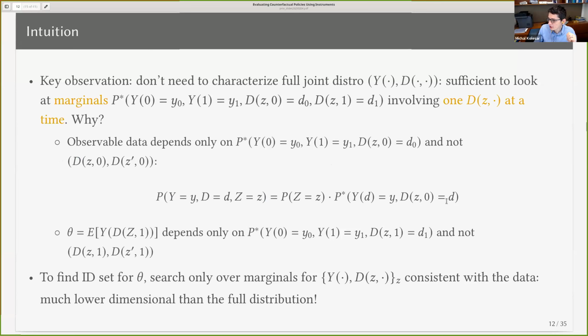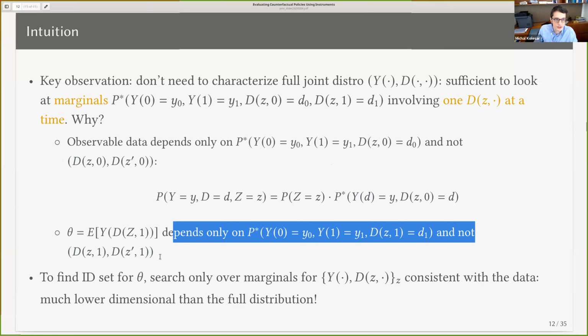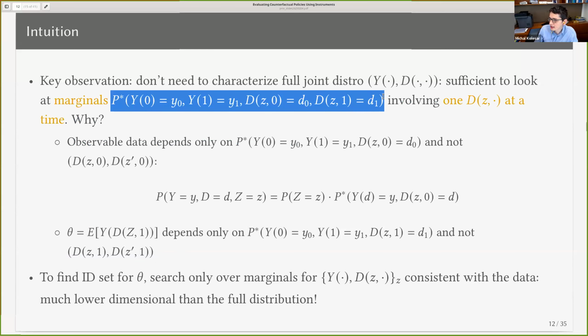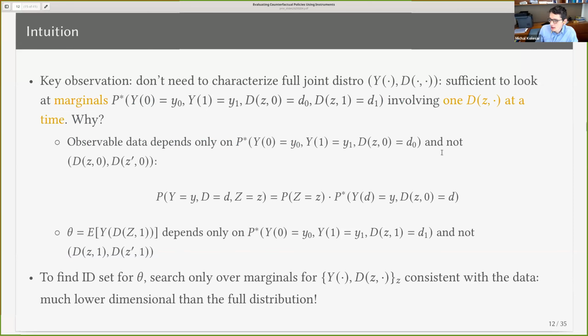The parameter of interest, the average counterfactual outcome under the policy, again only involves these marginals, and not the joint distribution of what happens to me if I'm assigned to judge A and judge B at once. So to find the identified set, I just need to search over the marginals that are consistent with the data, but that scales linearly with the number of judges, so it's doable.